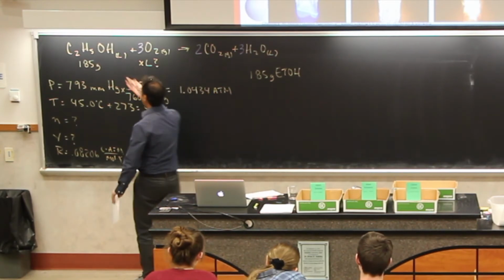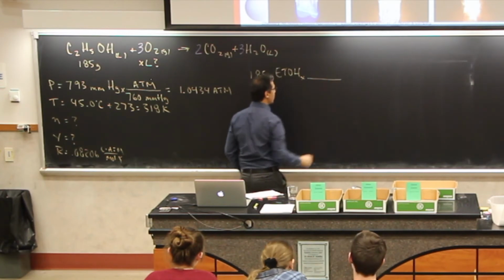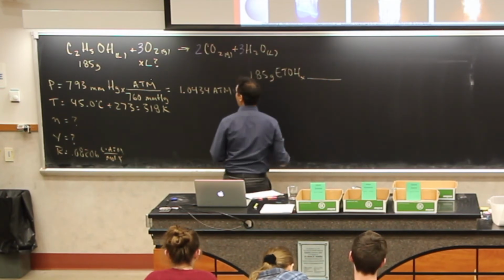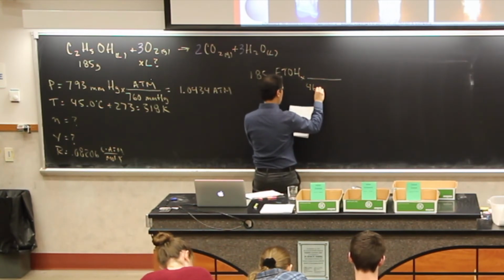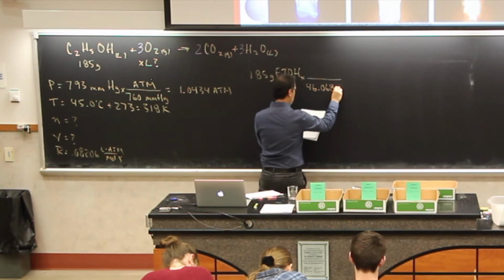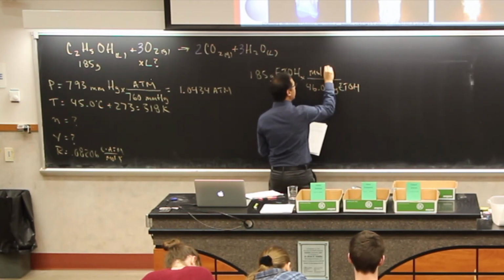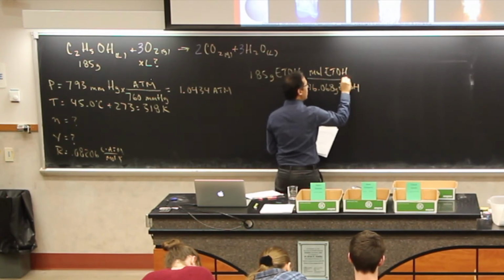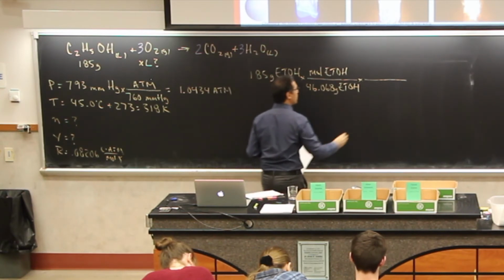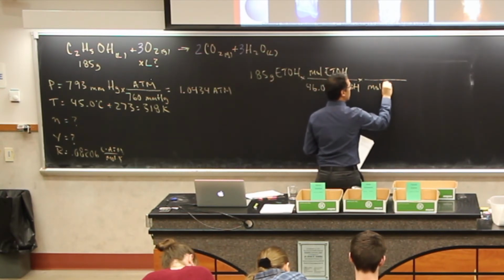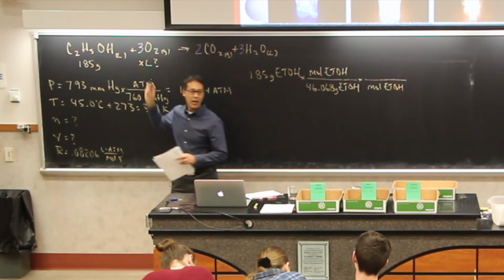Because writing that's too much work. So that's ethanol. And there's some number of grams of ethanol. If I add up all of the carbons, hydrogens, and the oxygen there, I get 46.068 grams of ethanol per mole of ethanol. And for every mole of ethanol, I have 3 moles of oxygen.